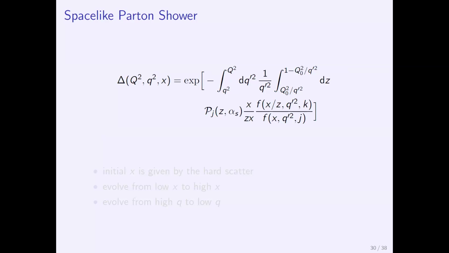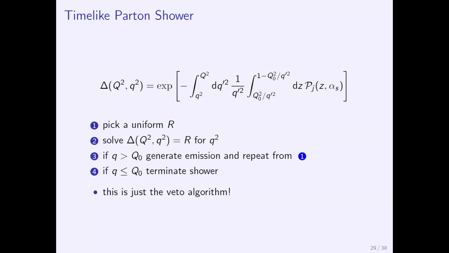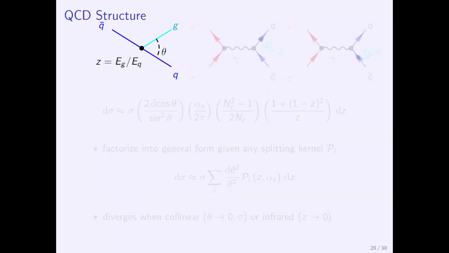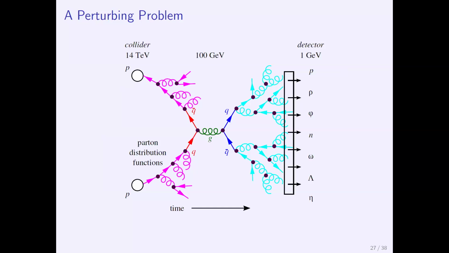Now, this here is a time-like parton shower. Specifically, this is our final state radiation, where we're taking a quark and having it irradiate a gluon, or a gluon splitting into QQ bar, whatever it is. This is when we're evolving on this diagram here to the right. So this is our time-like shower here.